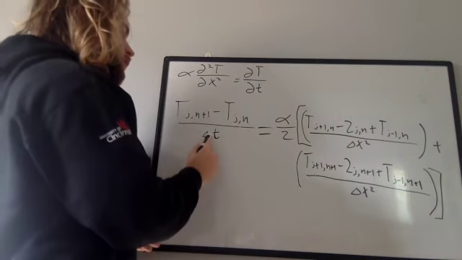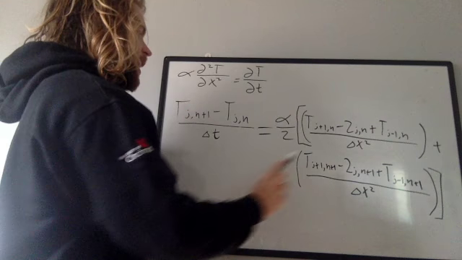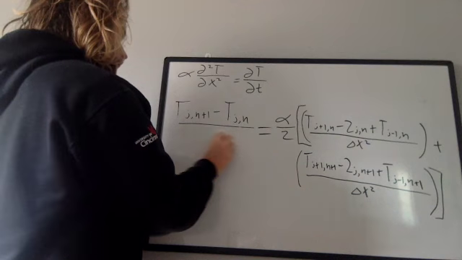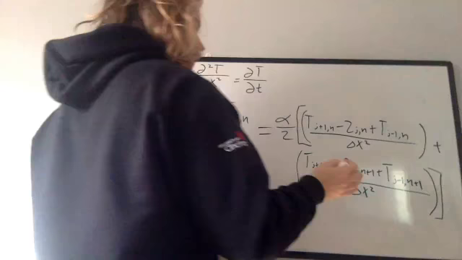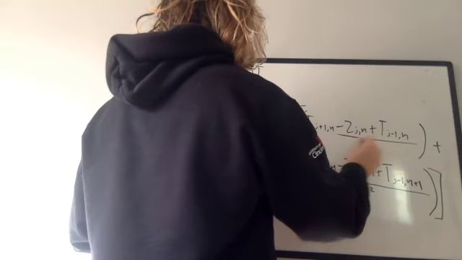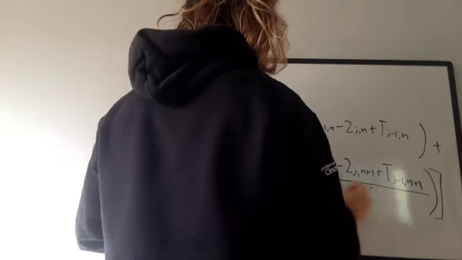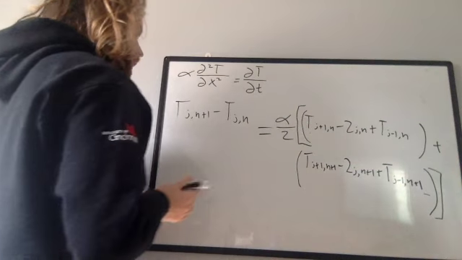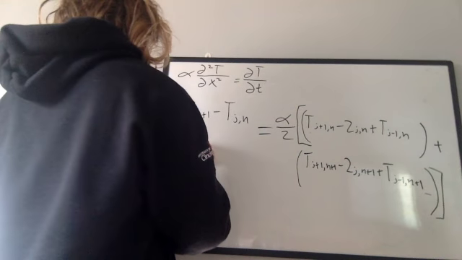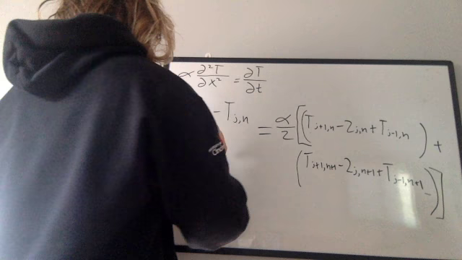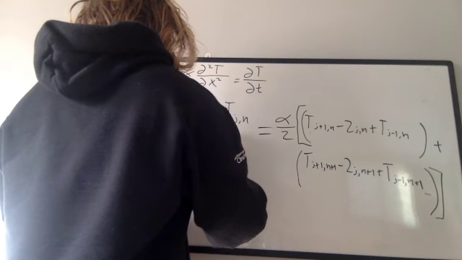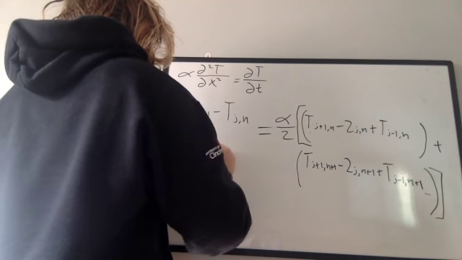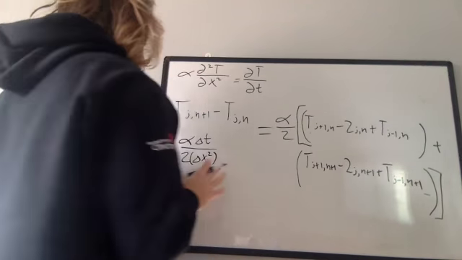And then over here, we can multiply the change in time over to the other side. So we'll go ahead and do that. We'll erase this over here, and we'll erase this over here since we're not going to need those anymore. So this expression out front would then become the thermal diffusivity times the change in time all over 2 times the change in position squared, like so.